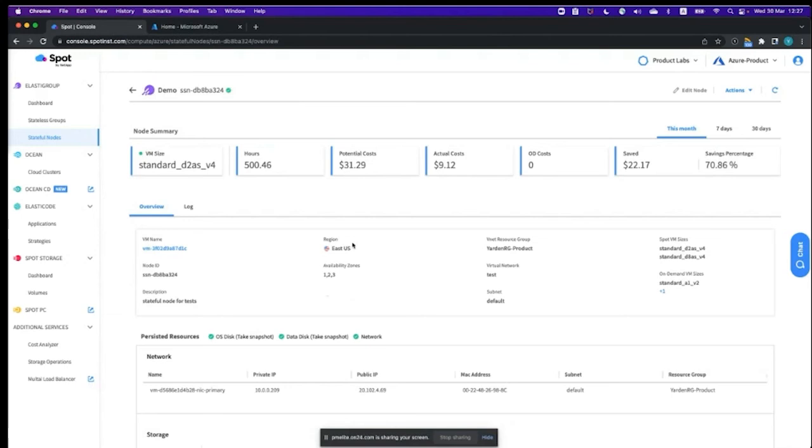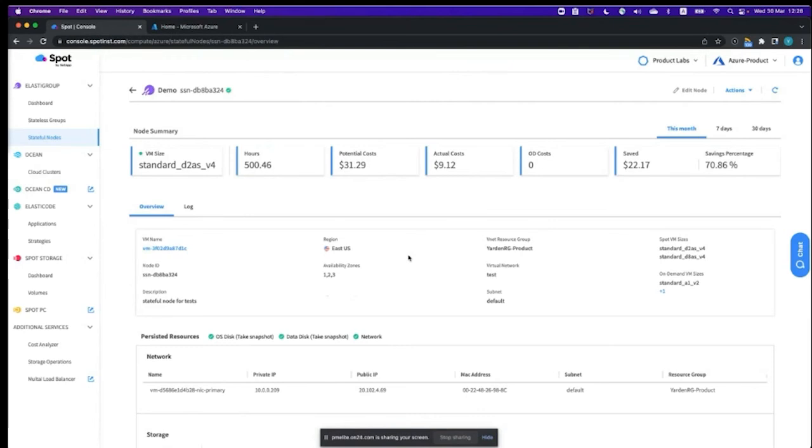Got it. So because storage is attached to a specific data center or a specific availability zone, if we want to expand the ways of running on spot VMs, even if a specific AZ is not available, we can run the same VM on another AZ, and because the disk itself is not available on this AZ, we are snapshotting it and attaching a new VM with a new disk that is based on the disk on the other side.